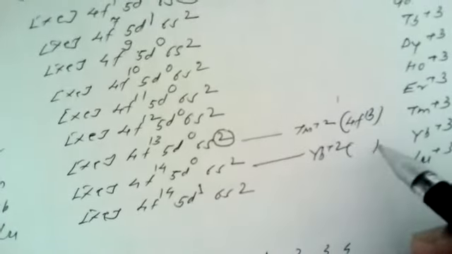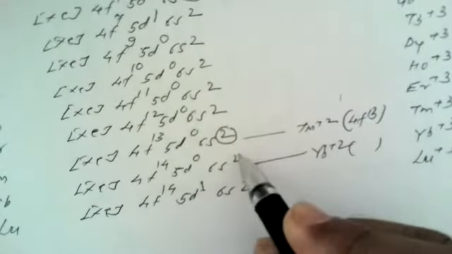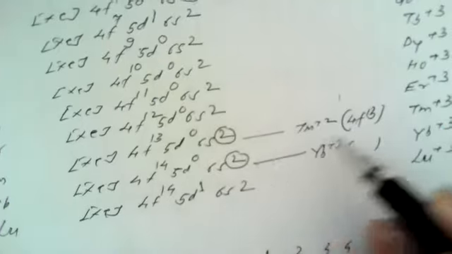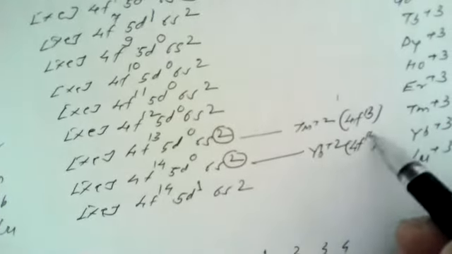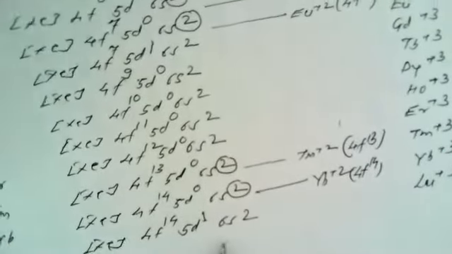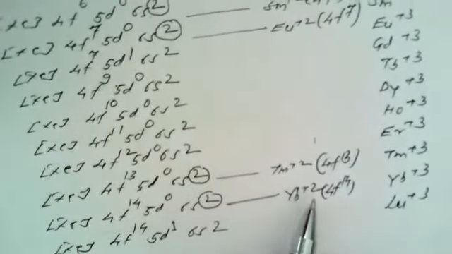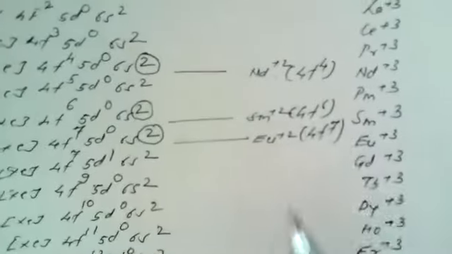On similar grounds, how can we write? After the loss of these two electrons, the remaining electrons are 4f14 for ytterbium. So ytterbium shows plus 2 with 4f14 configuration. So f4, f6, f7, f13 and f14.